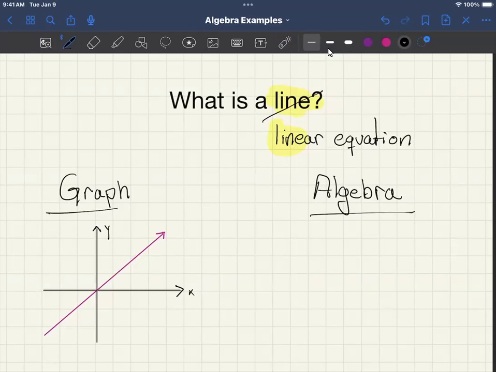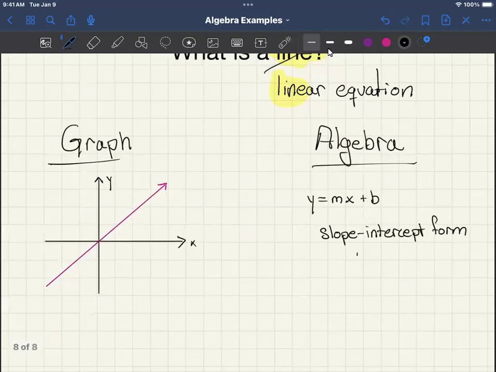So one of the main ways that we're going to see a line is the equation y is equal to mx plus b. A lot of you have probably seen this in class before. This is called the slope-intercept form. And in this particular equation, m is the slope of our line.